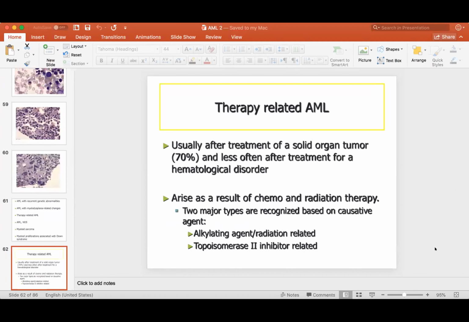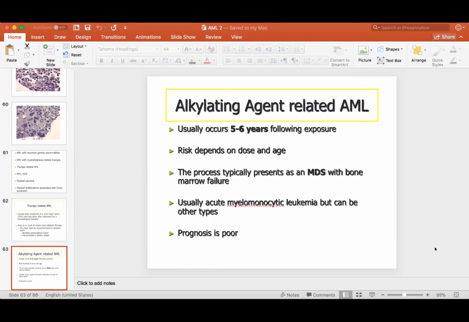These are the two main types of therapy-related AML. For the alkylating agents related AML, this usually occurs 5 to 6 years after the treatment. And usually it appears as a therapy-related myelodysplastic syndrome rather than a therapy-related acute myeloid leukemia. But when it is an acute myeloid leukemia, it's usually an acute myelomonocytic leukemia, and the prognosis is poor.